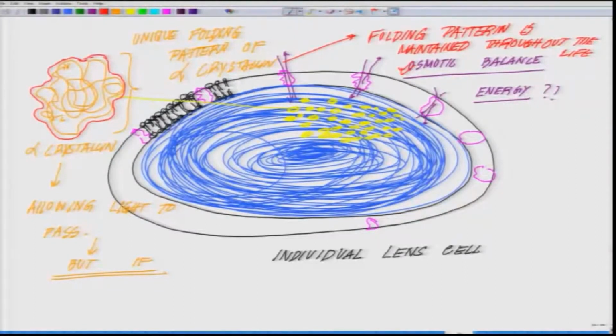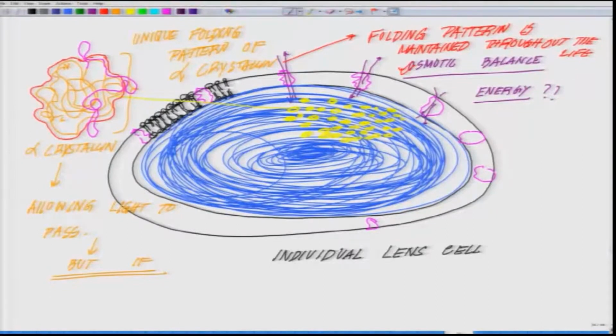Say for example, for some reason, something which we do not understand, this folding pattern changes. So, I will show you some changes which are happening. Say for example, it becomes like this, or at some spot it becomes like this, or at some spot like this.